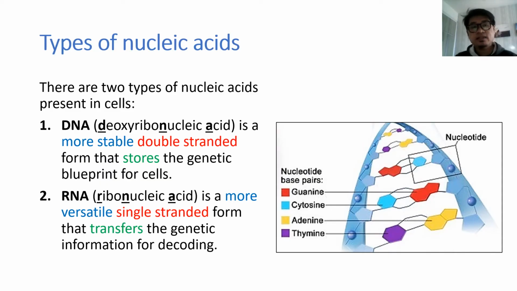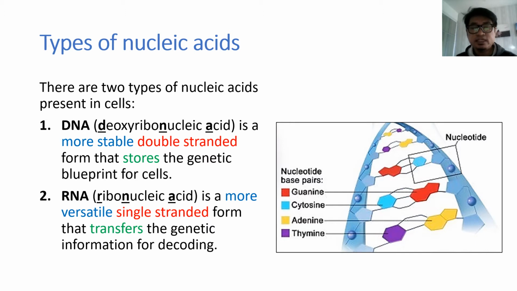Okay, so there are two types of nucleic acid. The first one is the DNA, which stands for deoxyribonucleic acid, and the other one is RNA, which is known as ribonucleic acid. The DNA is more stable as compared to the RNA because the DNA is double-stranded, while RNA is single-stranded.